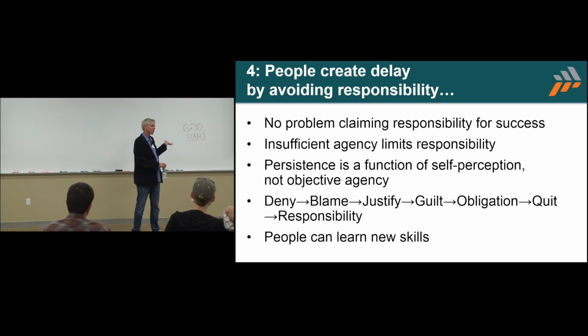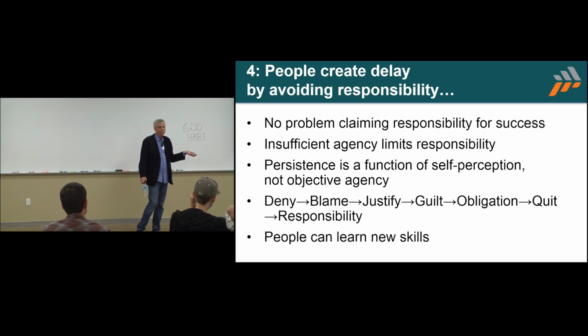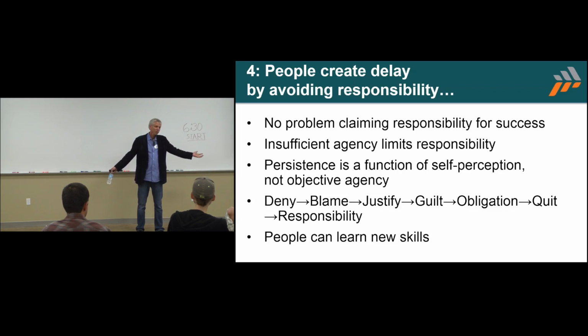This is why executives have to have such huge control over the agility of individual teams, because if they don't give you the agency to change these things, then it's hard to feel responsible. And it turns out the effectiveness of people is less related to how much objective agency they have. Someone outside might say, hey, Melch, you totally have control over that thing.